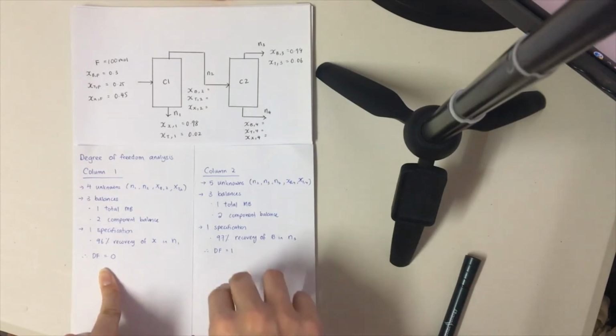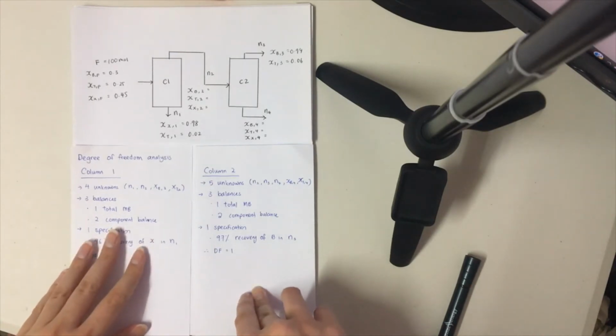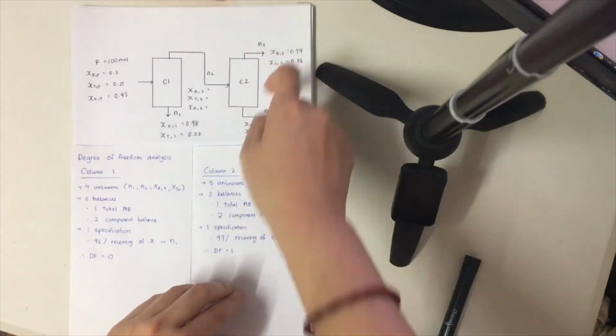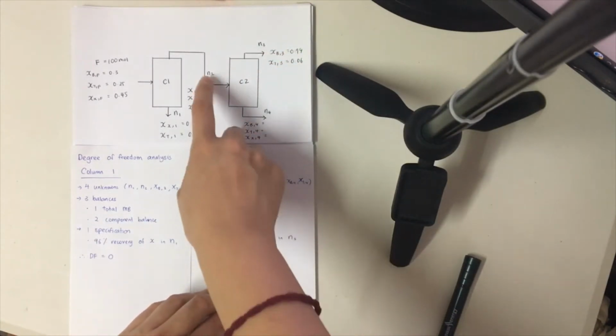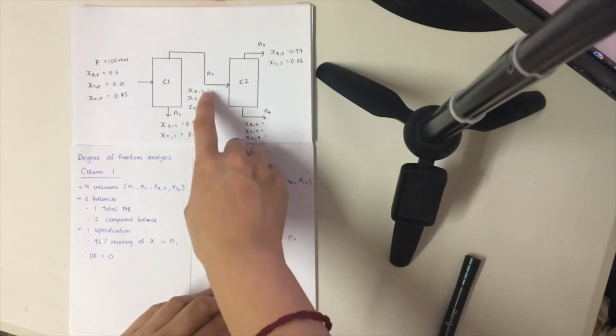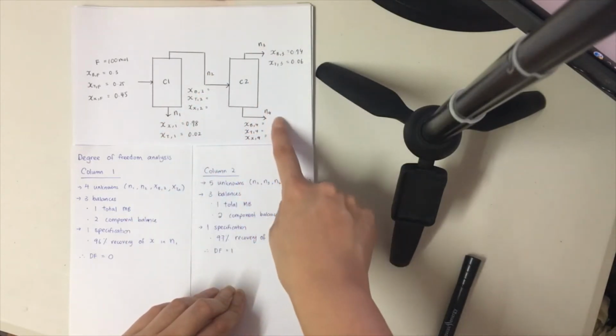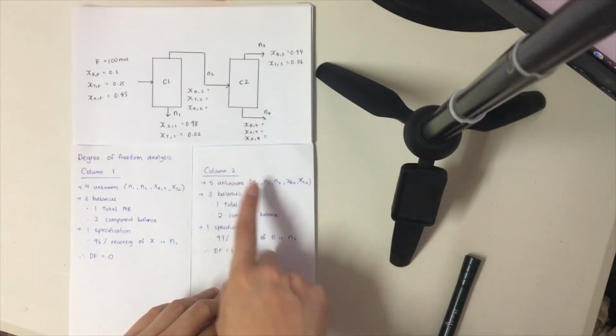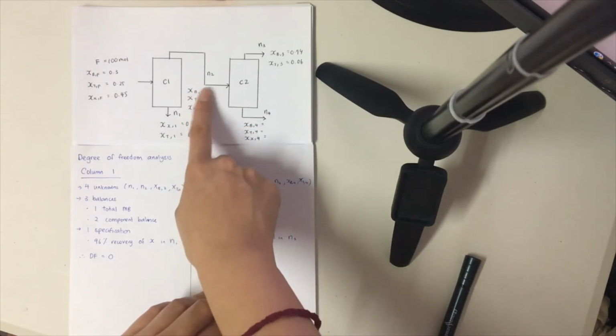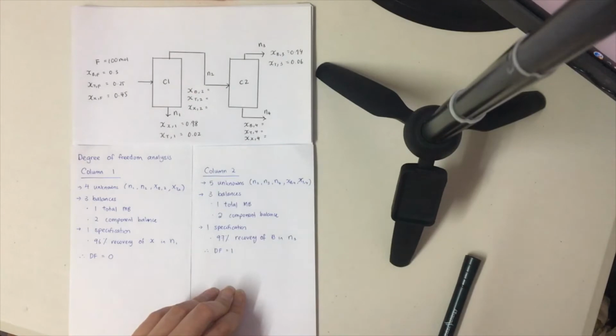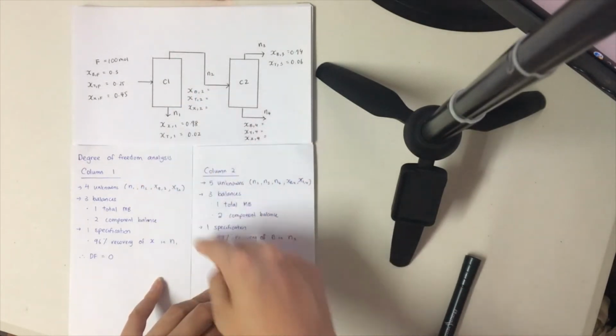On the other hand, for column 2, we have 5 unknowns. Oh, sorry, we don't count this 2 because it will be solved in the previous column.